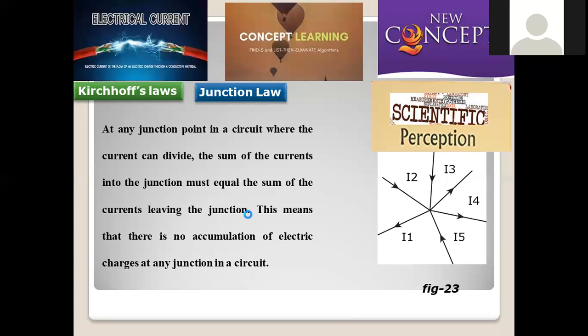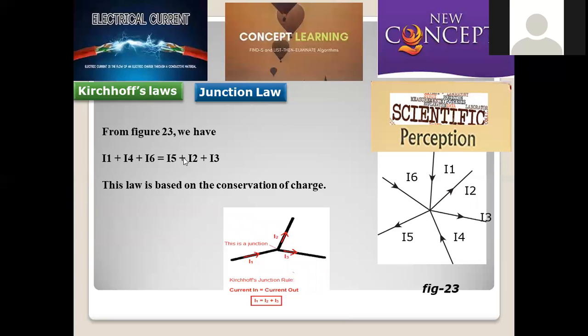That's the reason why the junction law is given by the formula I1 + I4 + I6 = I2 + I3 + I5. So whatever current gathers towards the junction is exactly equal to the current dispersing from the junction. That is called the junction law, right?